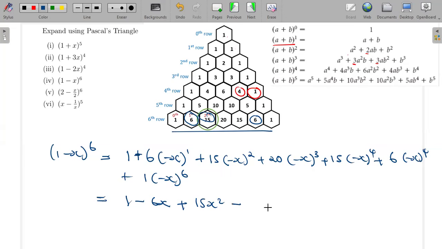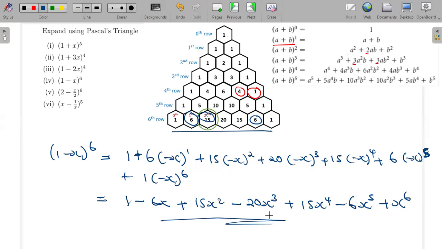So the next one will be negative since 3 is odd. And then you have 20, that's x to the power 3. And then you have plus 15x to the power 4. Okay, this here should be 5, not 4, 5. And then minus 6x to the power 5. Then plus 6, x to the power 6.